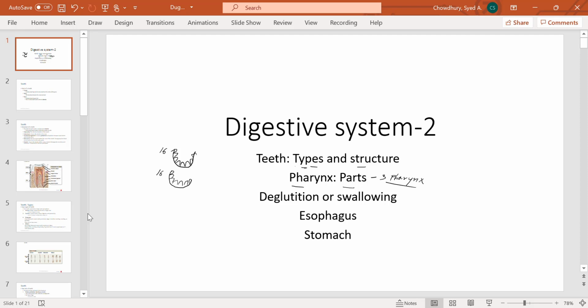Then we'll talk about the process of swallowing of food, that is called deglutition, how that occurs. Then we'll talk about the next organ of the digestive system, the esophagus, and then we'll talk about the stomach.